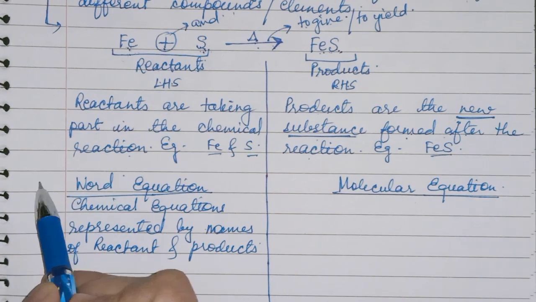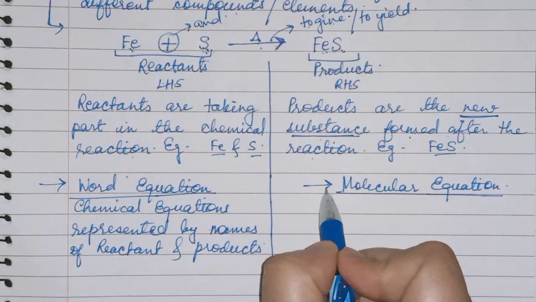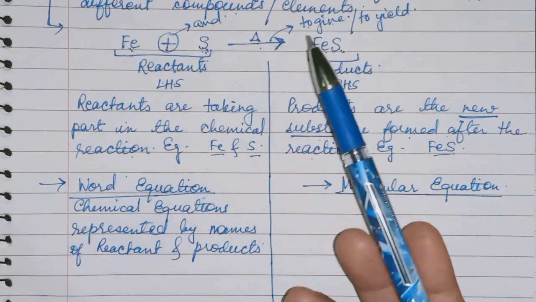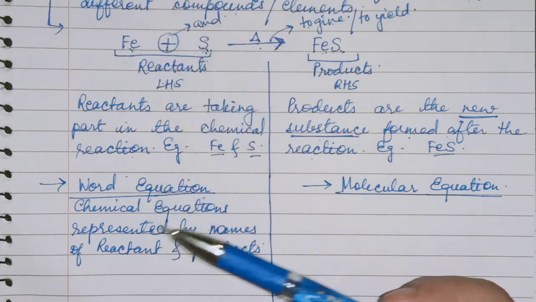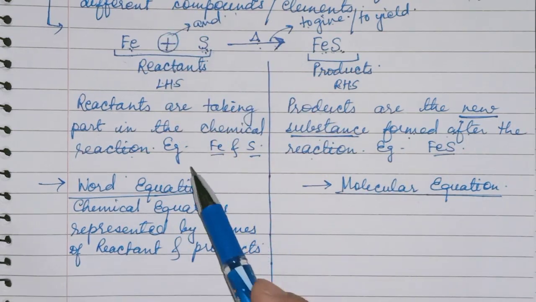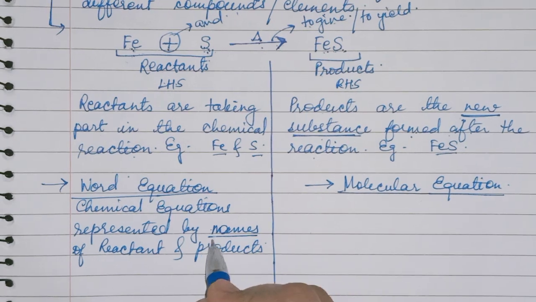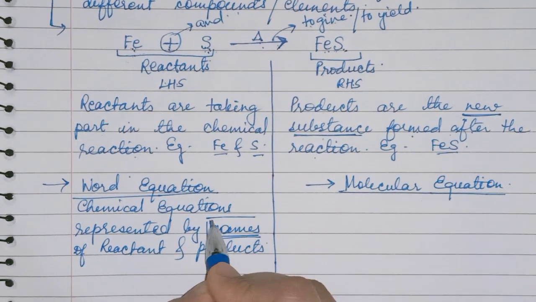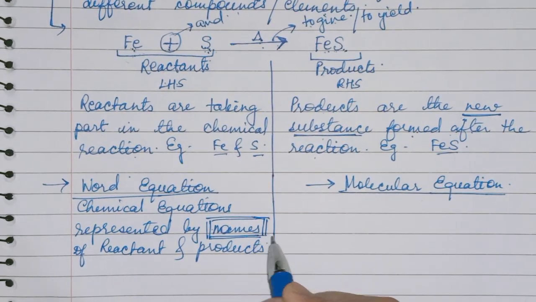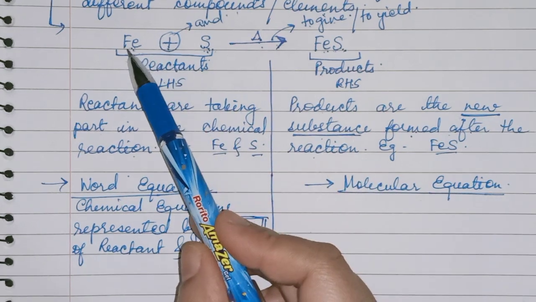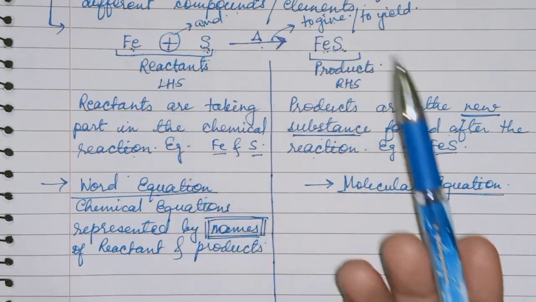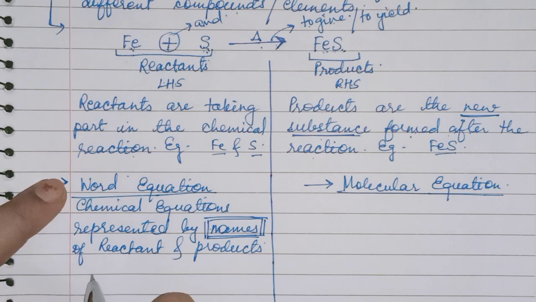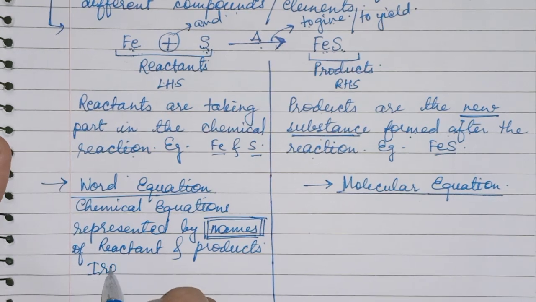Now, what are word equation and molecular equation? Just now we have done chemical equations. When the chemical equation is represented by the name of reactants and products, like here, Fe is the symbol for iron, so you will write iron.